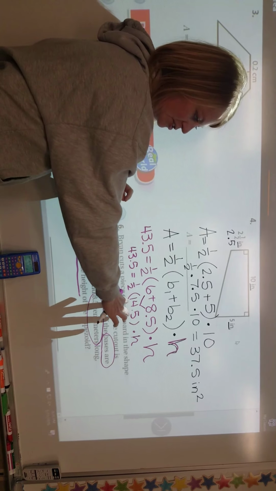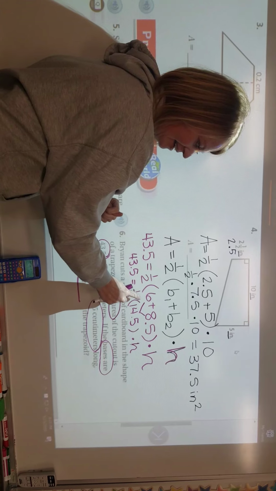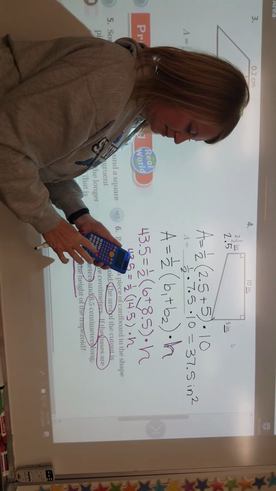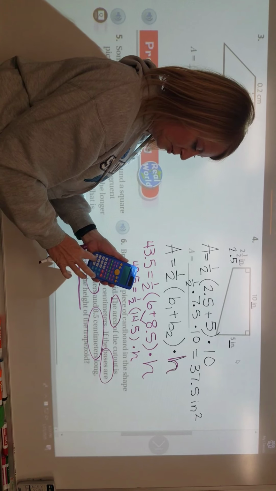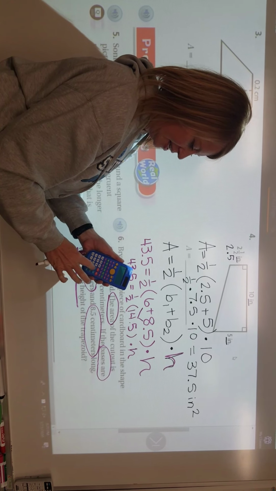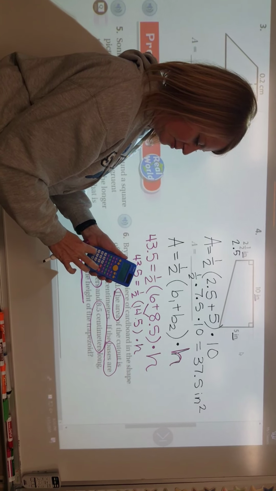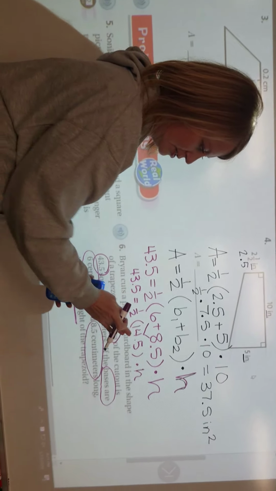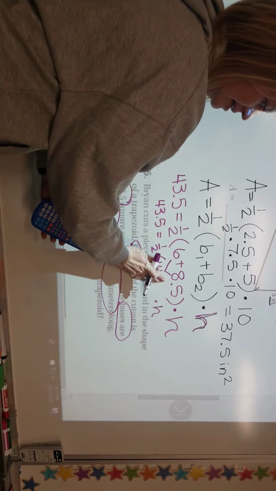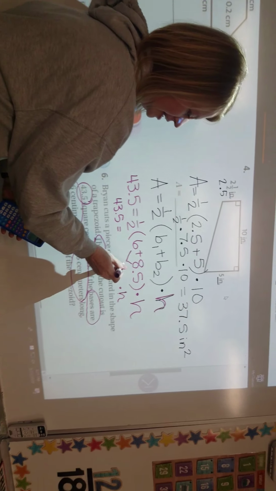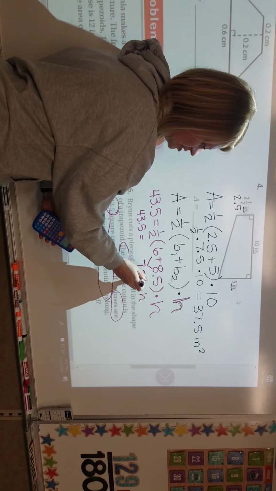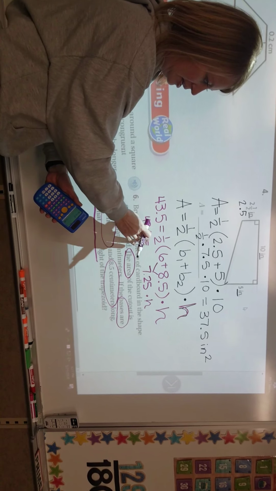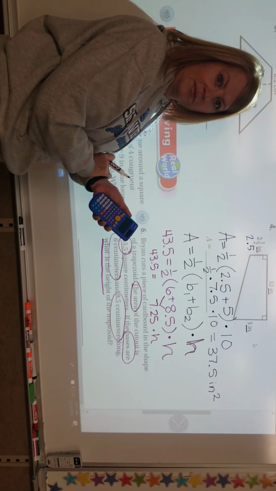So I'm going to do what this says first. That says 1/2 times 14.5. So I'm going to do 0.5 times 14.5, which is 7.25. So now I have 7.25 times h equals 43.5.